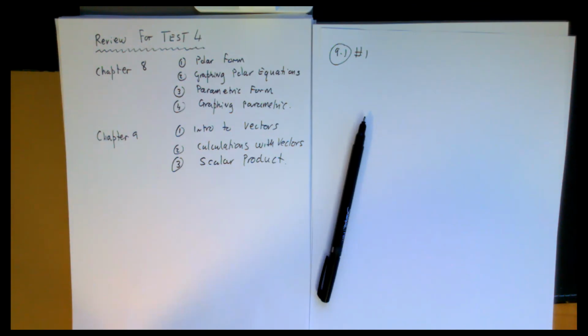Because V plus U is going to be longer than the vector V. I thought they looked symmetrical.